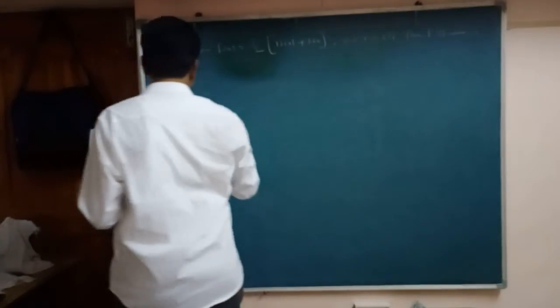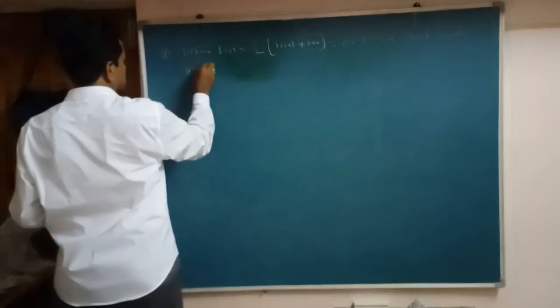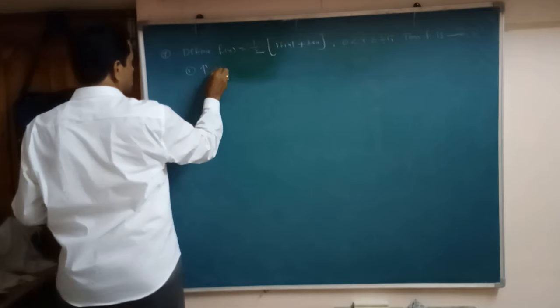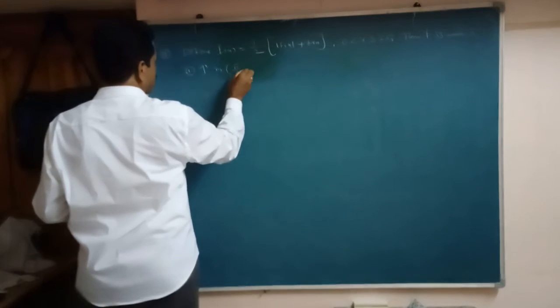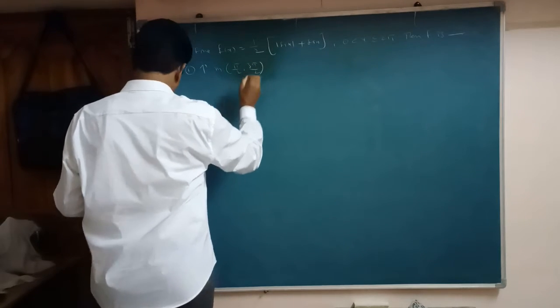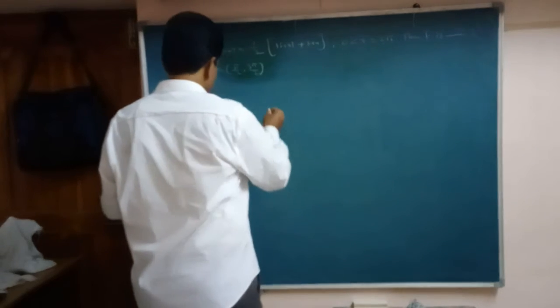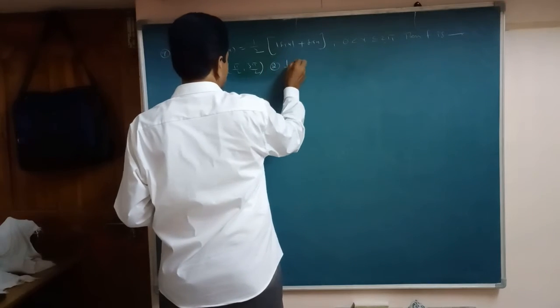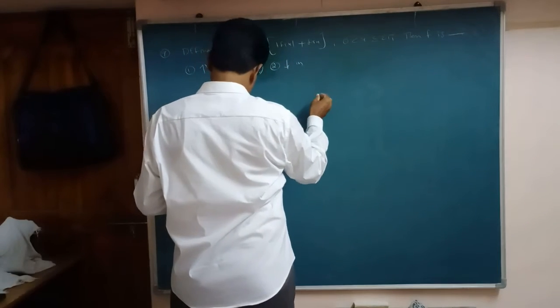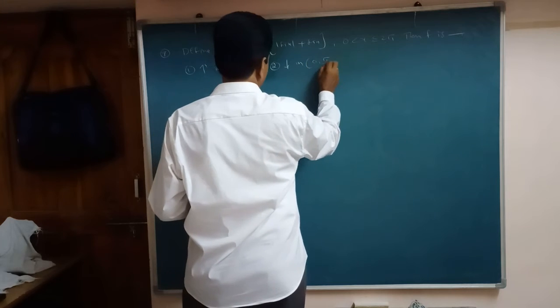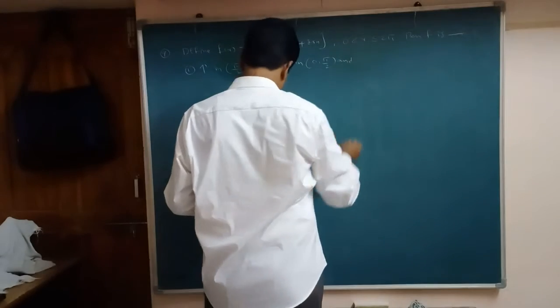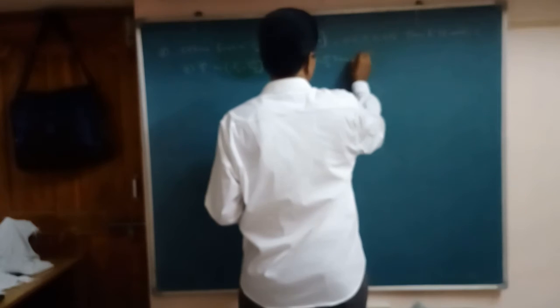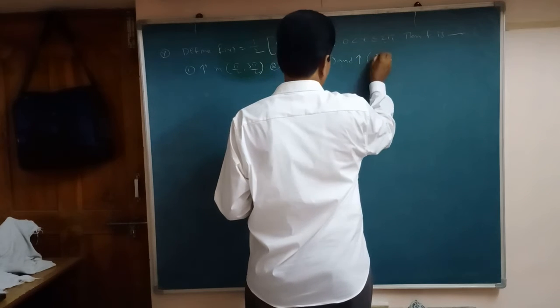First option given: increasing in pi by 2 comma 3 pi by 2. Second one: decreasing in 0 comma pi by 2 and increasing in pi by 2 comma pi.